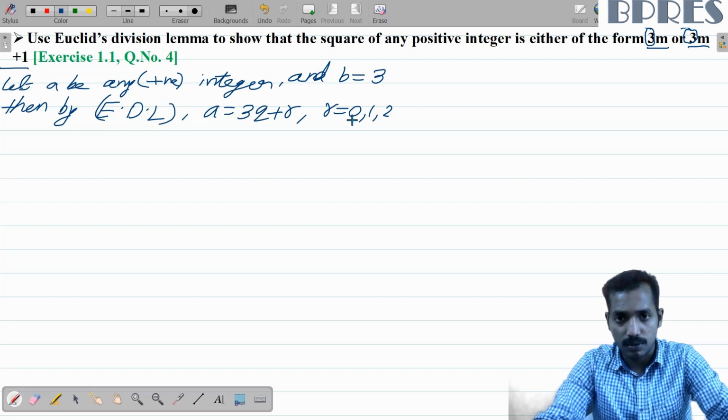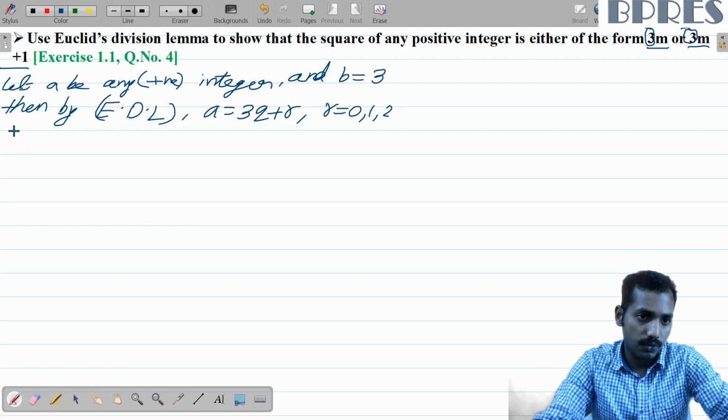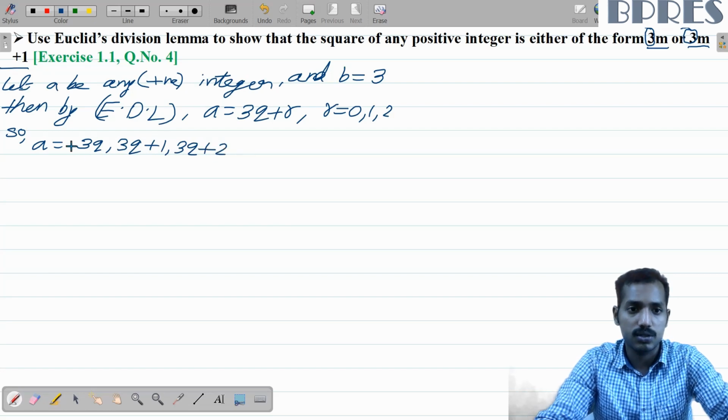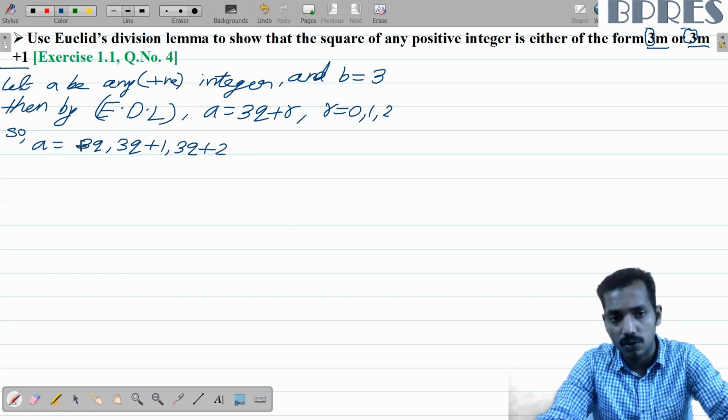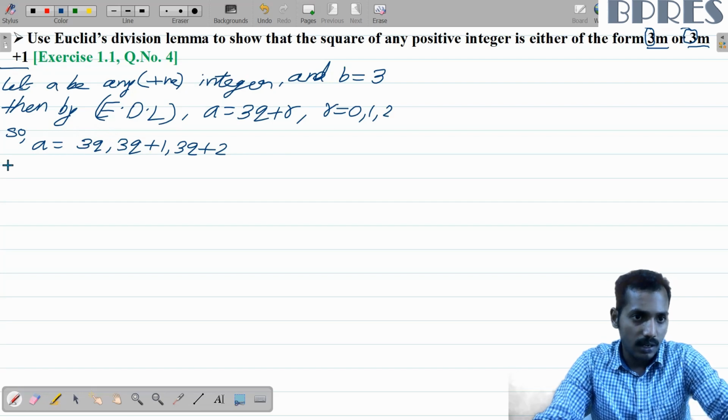Therefore the possible values of remainders are 0, 1 and 2. So the integers are a equal to 3q, 3q plus 1 and 3q plus 2. Here the remainder is 0, because 3q plus 0 is 3q itself. Clear?